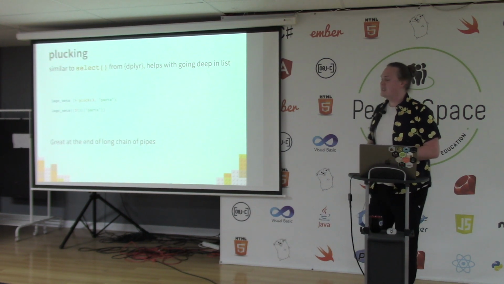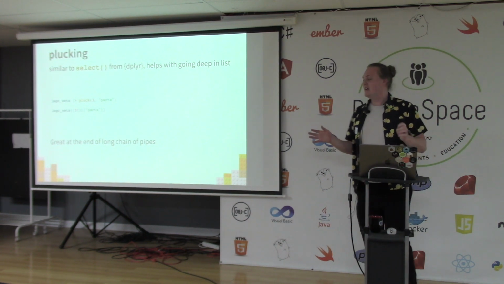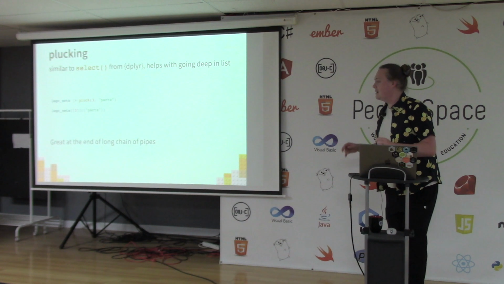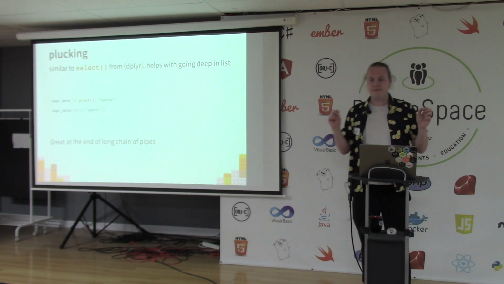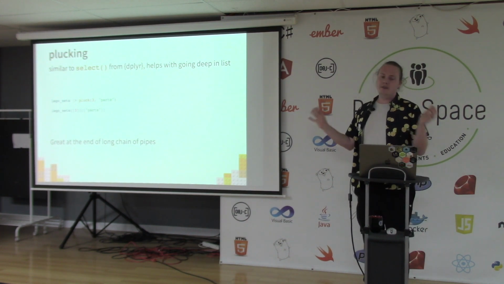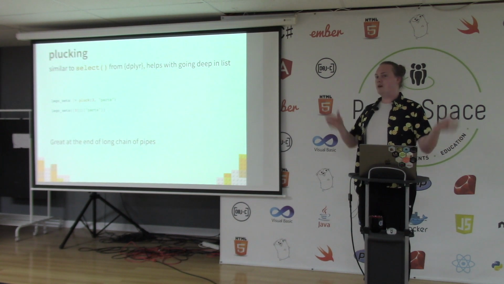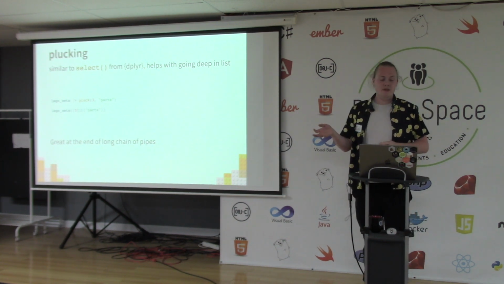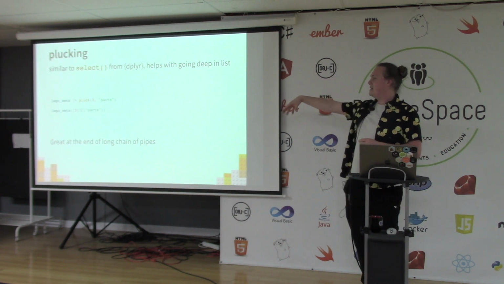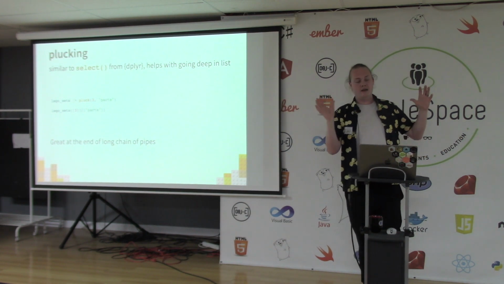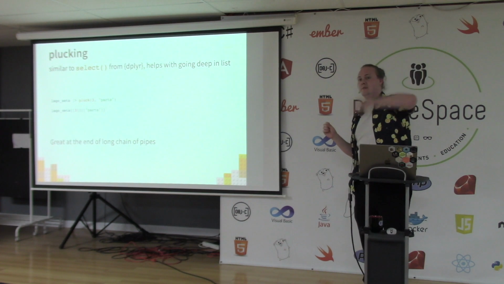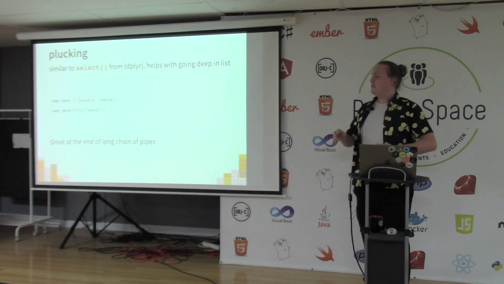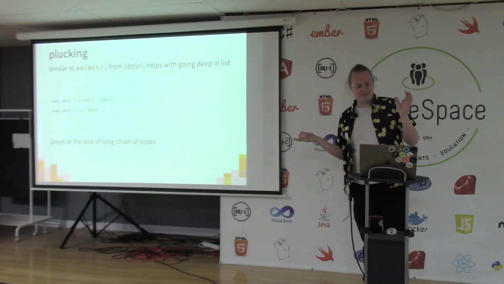Another set of functions which is kind of nice, and you sometimes need it, is the idea of plucking. There's a function, not a new function, in purrr called pluck, and it's just a different way of subsetting. Here we have the Lego set, and we can say pluck 3 means the third element, and then inside that, I pull out the element named parts.